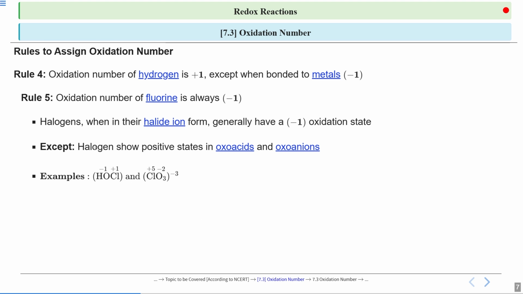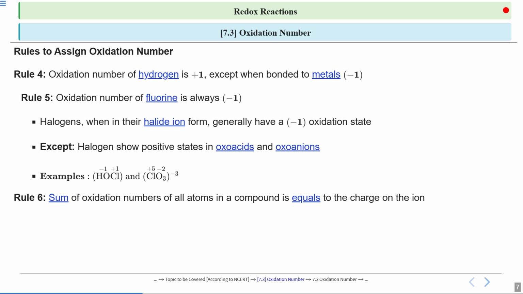I have already mentioned that halogens generally have -1, but in oxoacids they show positive states. I hope this is clear to you. Now, if you look at other examples like perchloric acid, that means HClO4, you will find the oxidation state of chlorine to be +7. So I hope rule 5 is clear to you, that the halogens show positive states in oxoacids, which can be from +1 to +7.